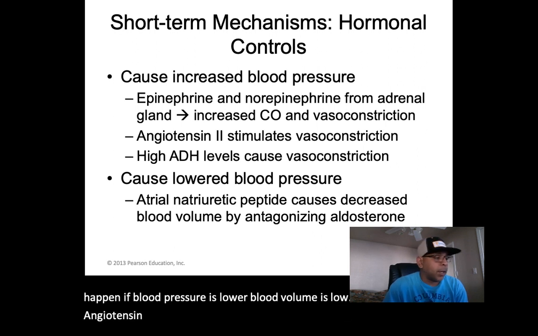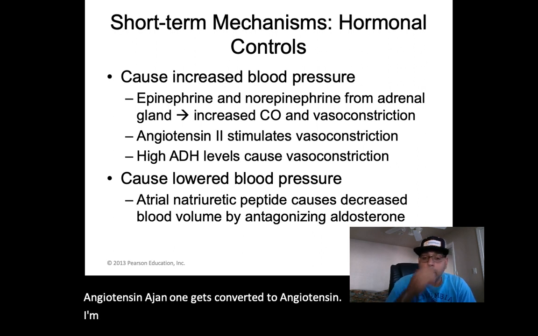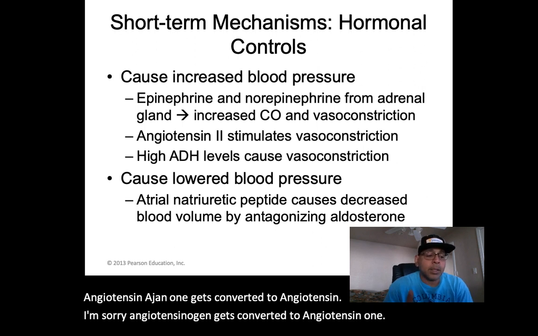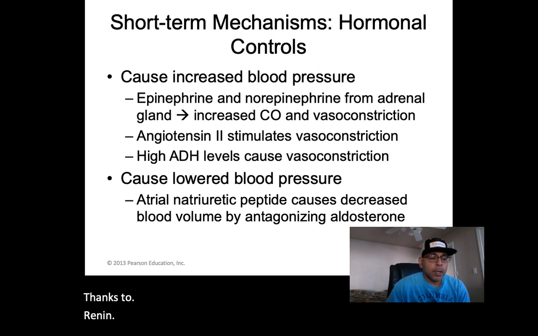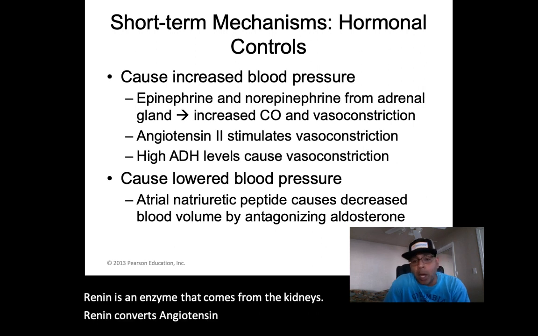Angiotensinogen gets converted to angiotensin 1 thanks to renin. Renin is an enzyme that comes from the kidneys. Renin converts angiotensinogen to angiotensin 1.